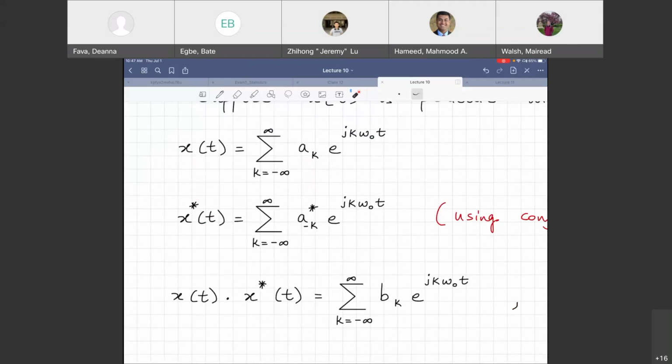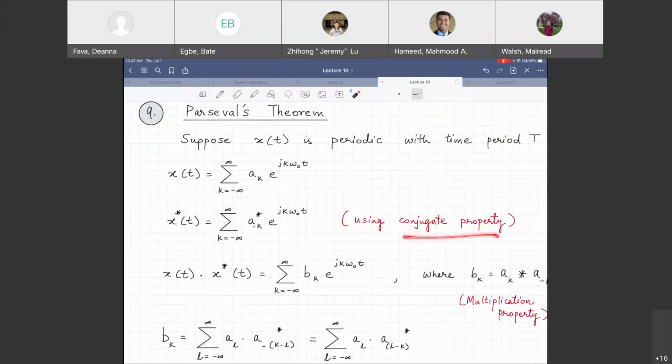This was called what? Conjugate symmetry. We looked at it in the last lecture. When you have x of t going to x conjugate of t, then a_k will become a sub minus k conjugated. So there is a complex conjugate and also flipped about the y-axis. But the same function, e to the j k omega naught t. So that's called the conjugate property. Last lecture we discussed this.